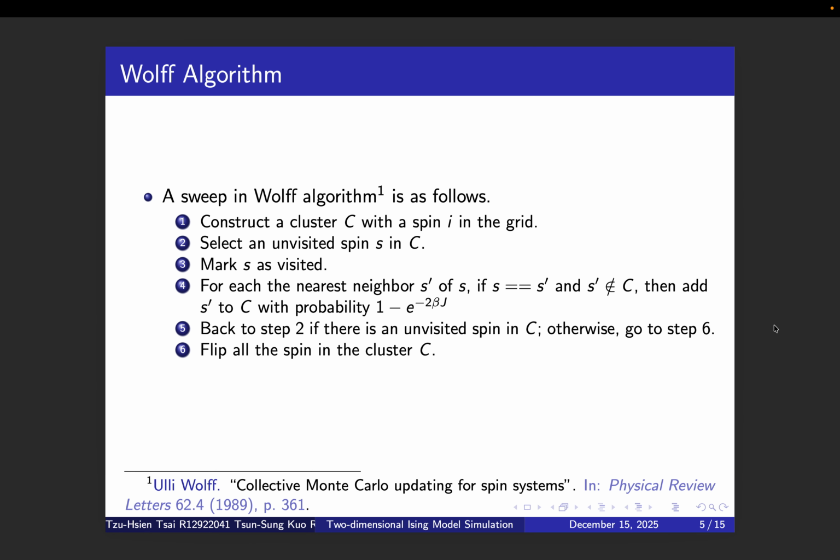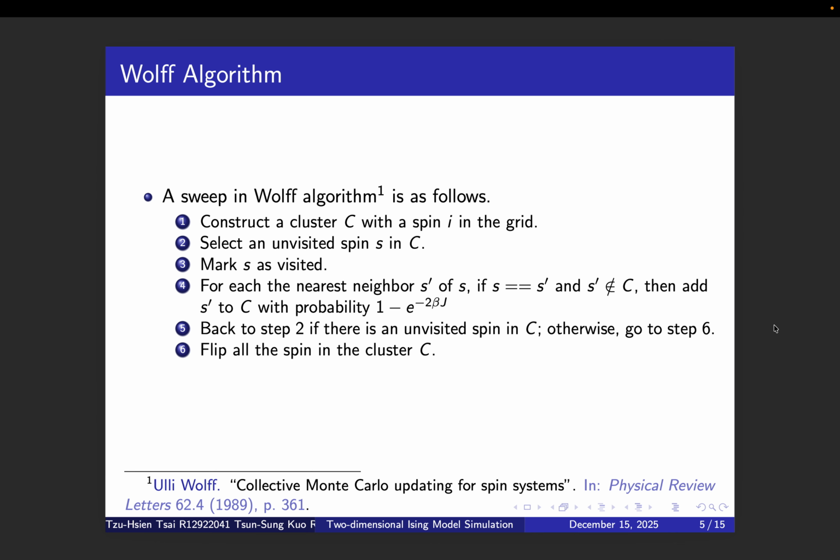We now introduce the Wolff algorithm and the Swendsen-Wang algorithm. A step in the Wolff algorithm is as follows. First, construct a cluster C with a randomly selected spin I in a grid. Then select an unvisited spin S in C and mark S as visited.